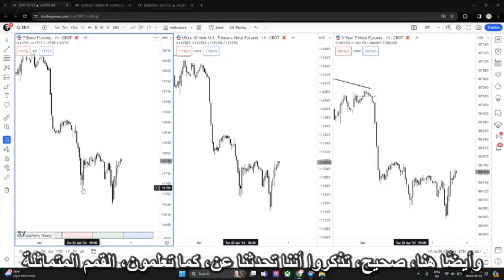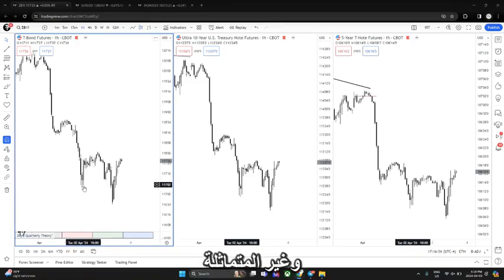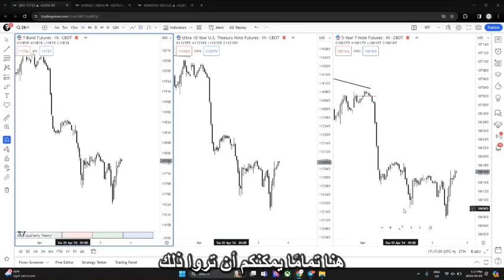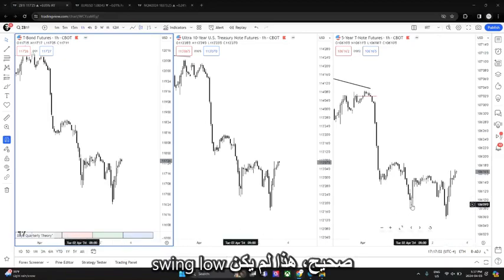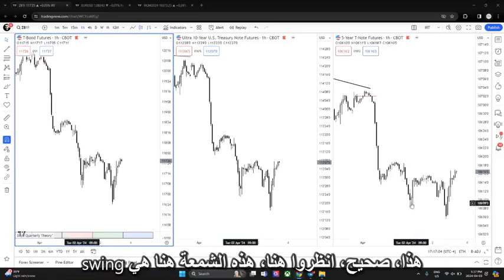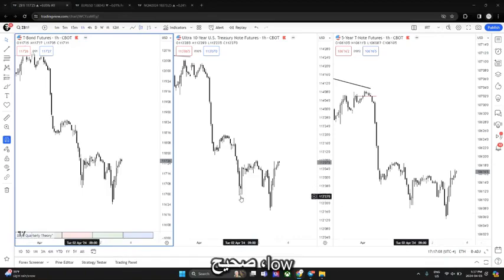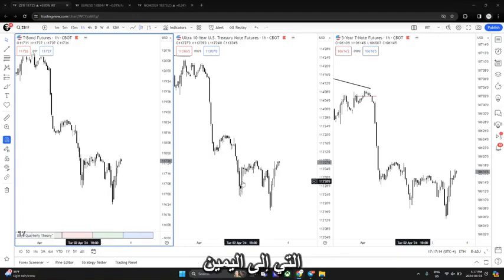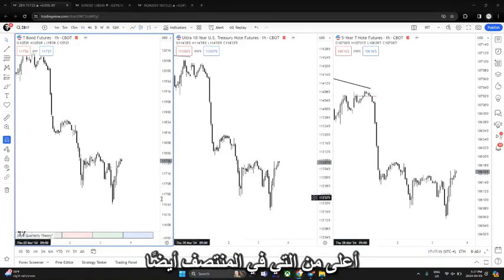And also here, remember we talked about symmetrical highs or lows and unsymmetrical highs or lows being taken out. Here you guys can see that this was not a swing low that was taken out. Look right here, this candle right here is a swing low: the candle to the left is higher than the one in the middle, and the one to the right is higher than the one in the middle as well.